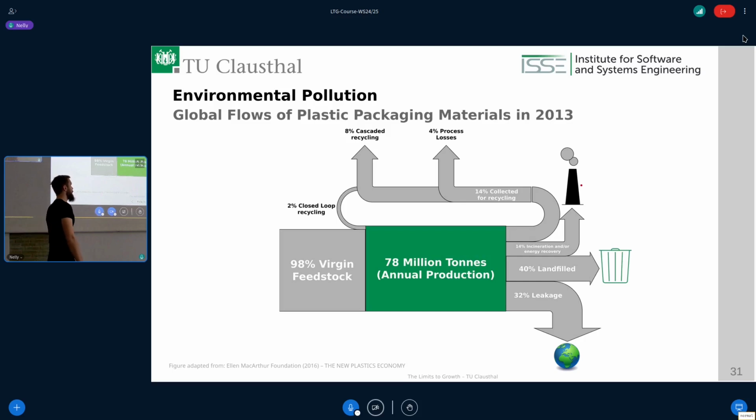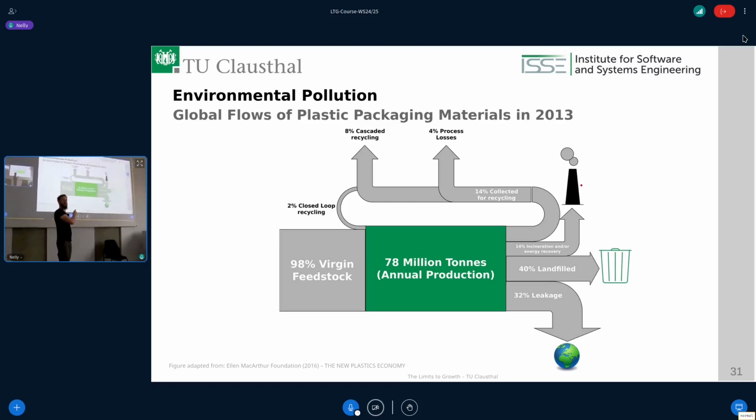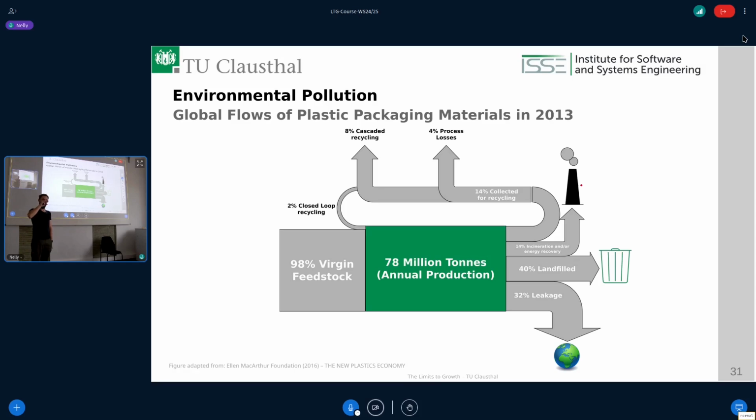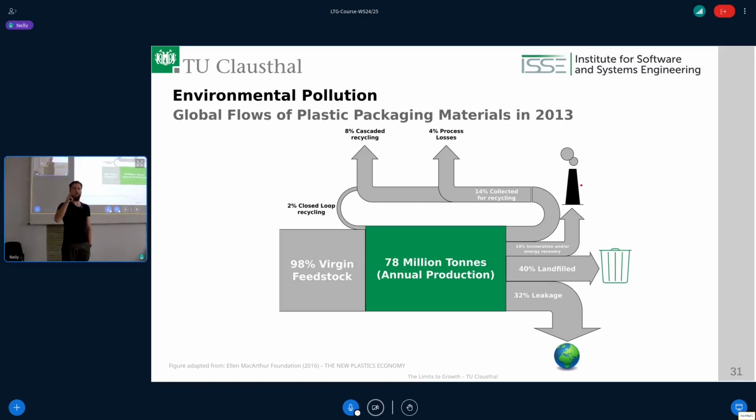And then the remaining 14% have been collected for recycling. We had another 4% process loss, so another 4% pollution. And only 2% made it into closed loop recycling, essentially meaning that you can use the plastic from a water bottle to make another water bottle, because usually there is a quality degradation when you recycle plastic, depending on what type of plastic you use.